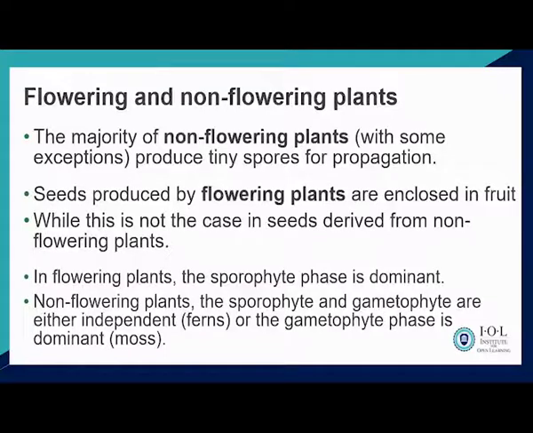In flowering plants, the sporophyte phase is dominant, whereas in non-flowering plants, the sporophyte and the gametophyte are either independent, as in the case of ferns, or the gametophyte phase is dominant, mainly in the moss.